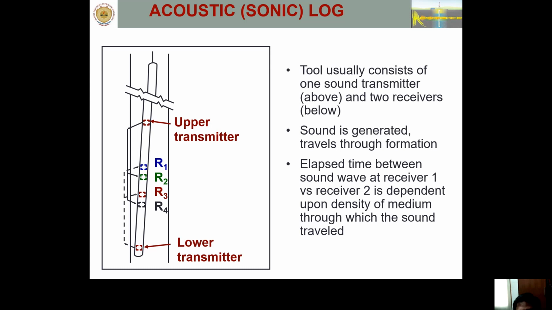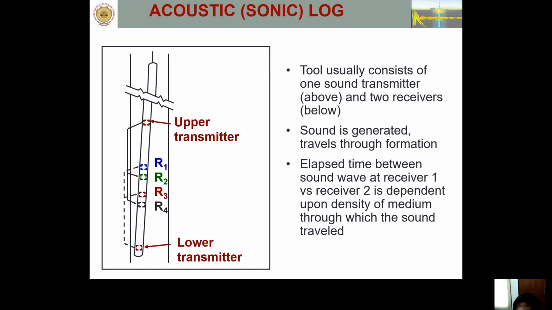We have 4 receivers R1, R2, R3, and R4, and we have 2 transmitters, the upper transmitter and the lower transmitter in the sonic. Tool usually consists of 1 sound transmitter above and 2 receivers below. Sound is generated, travels through formation.